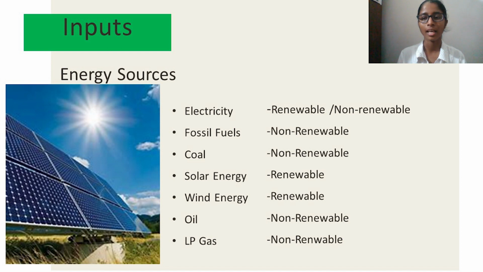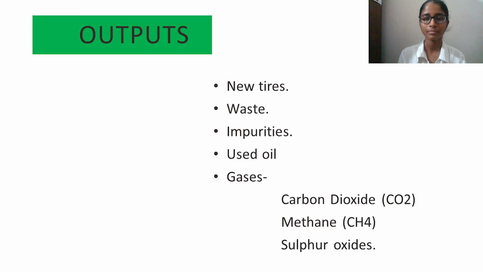Fossil fuels and coal are non-renewable, solar energy and wind energy are renewable, and oil and LP gas are non-renewable. The outputs of this process are new tires, waste, impurities, used oil, and gases such as carbon dioxide, methane, and sulfur oxides.